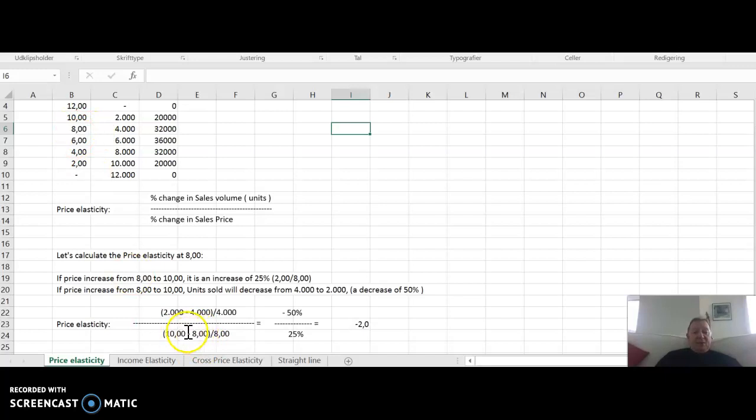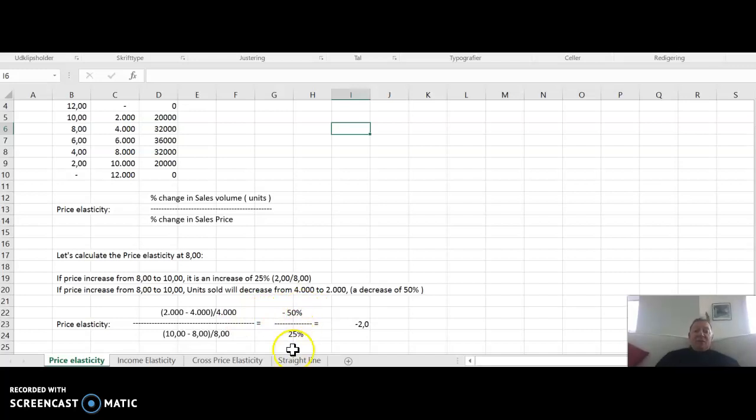So 2,000 on 8,000, it is 25%. And the volume decreases from 4 to 2,000. That means 2,000 on the basis of 4,000. You can see here 2,000 divided by 4,000. It's 50%.